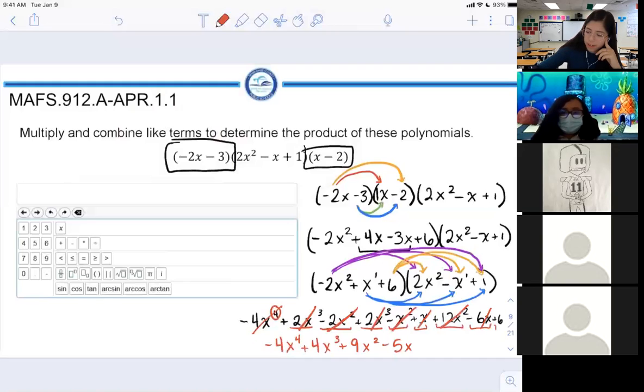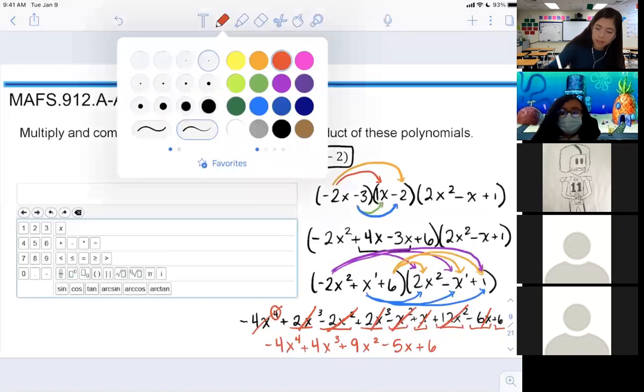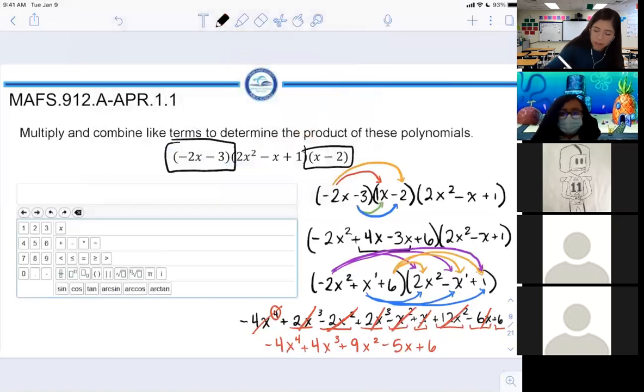And then finally, my little 6 all by itself. That's everything. So my final answer, there's nothing else I can combine. I got negative 4x to the power of 4 plus 4x cubed plus 9x squared minus 5x plus 6.